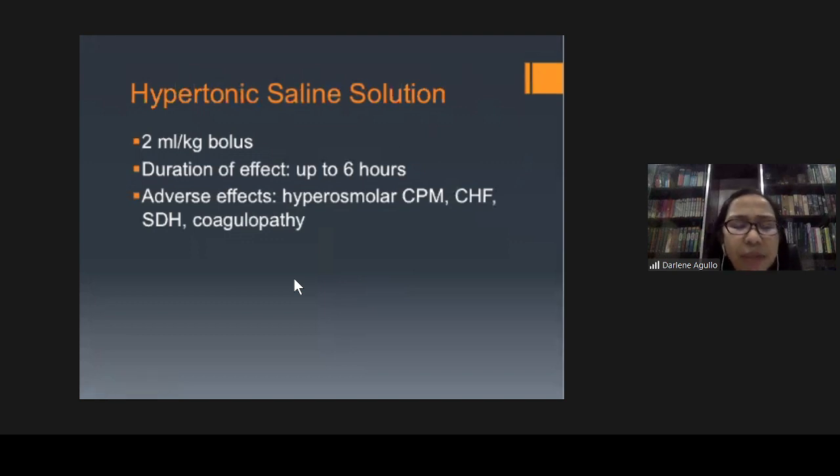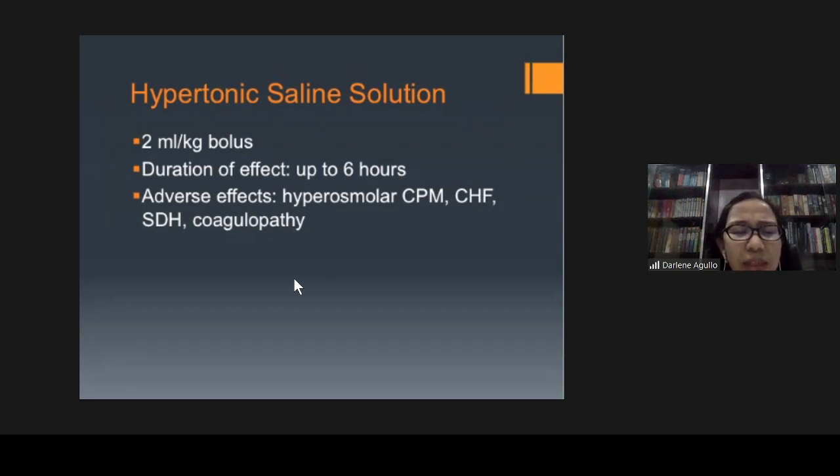Next is hypertonic saline. This is a more recent treatment for increased ICP. We use 3%. Actually, it ranges from 3 to 23%, but what is available is 3% hypertonic saline solution. And the same as mannitol, the duration of effect is up to 6 hours. It also increases the gradient across the blood-brain barrier, which induces rapid reduction of ICP.